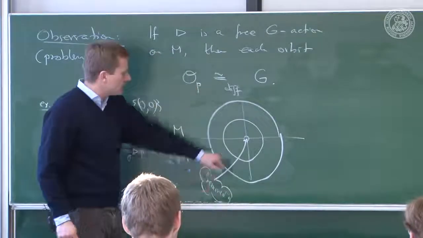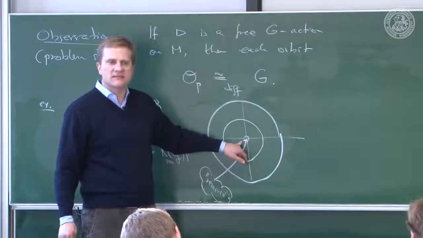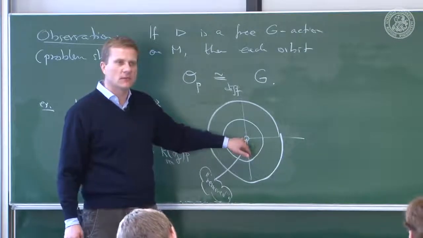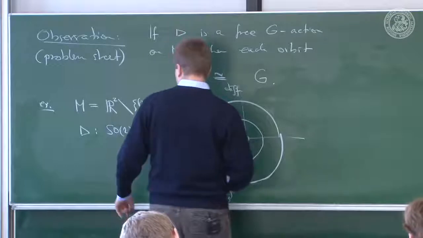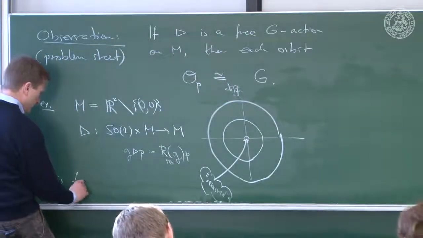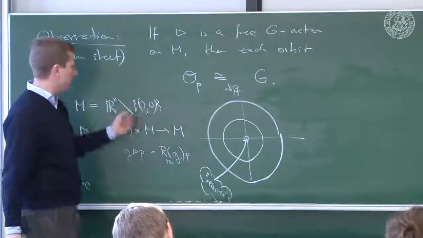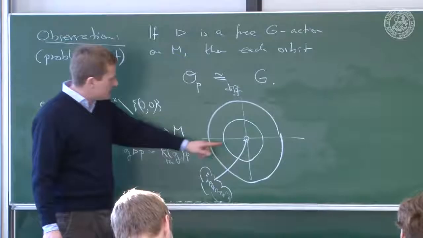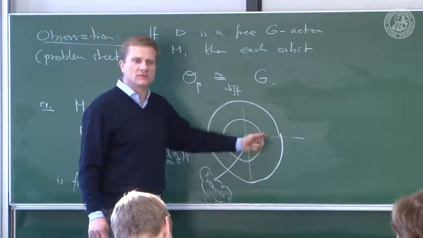The only point whose stabilizer was not the identity was this origin. So now this action is free, because for any point that is in there, the stabilizer is the identity. And now you see the orbits are the circles.